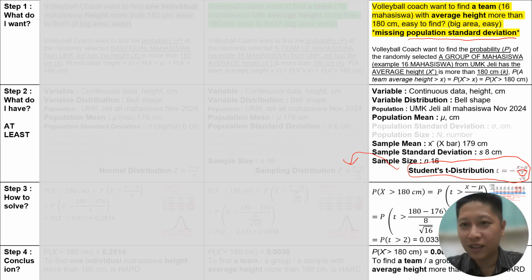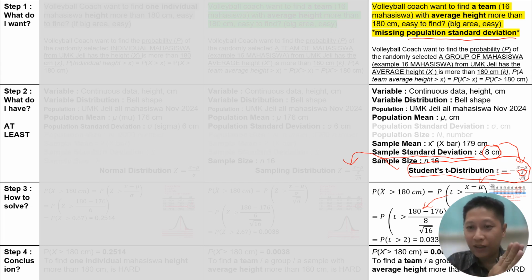For this case, we are given the sample standard deviation of 8 cm. We replace all the values inside this formula, and once we plug them in, we get the t.